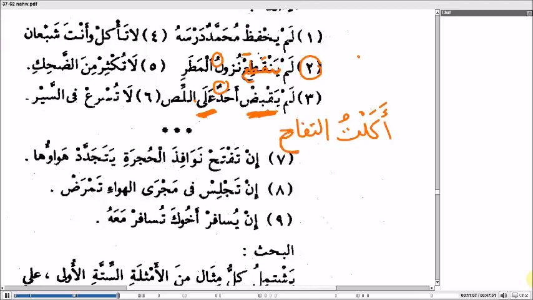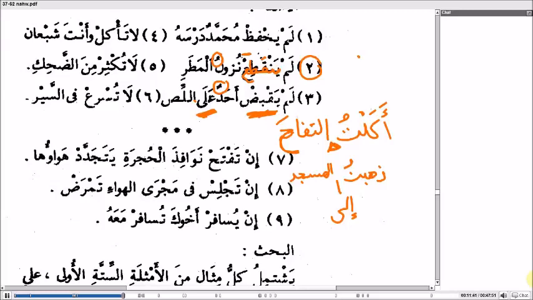I ate the apple, right? You don't need anything in here. But if you say ذهبت al-masjid, no. You need inside here ila.